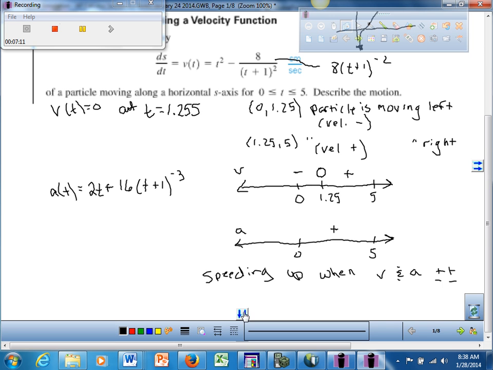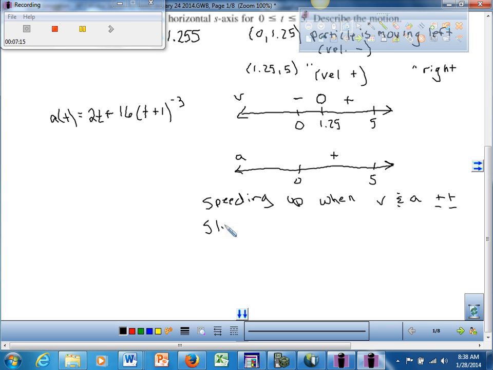Slowing down, V is positive, A is negative, or V is negative, A is positive. So our interval for speeding up was 1.255, and my slowing down was 0 to 1.25. Okay? Questions on that?